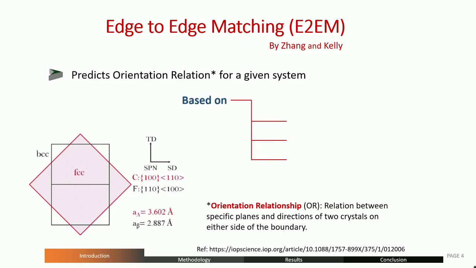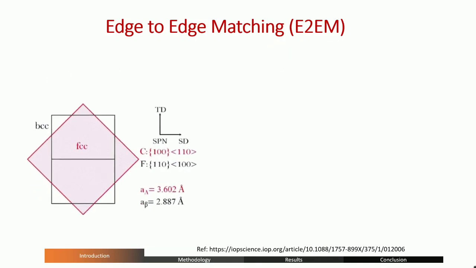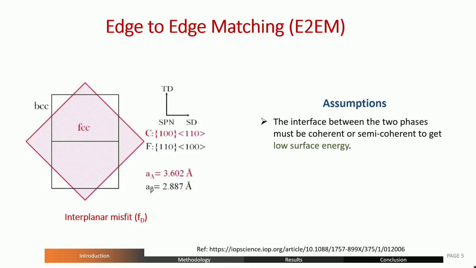It is defined by three parameters: the crystal structures, that is whether it is BCC or FCC, the lattice parameters, and the atom positions, like where the atom is positioned. There are a few important assumptions to be taken care of while doing the E2E matching. Since it is predicting, it's not done after processing, it's predicted before the processing.